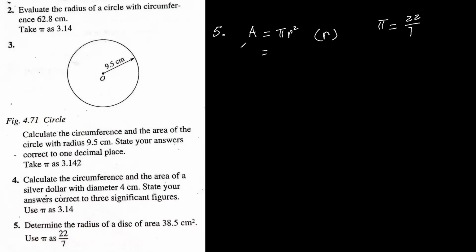So I'm going to write it again. And I'm going to divide by pi. Sienna? So what am I dividing by first? I'm dividing throughout by pi.